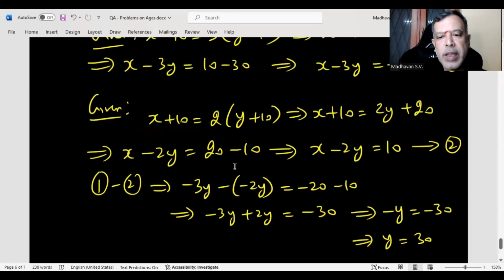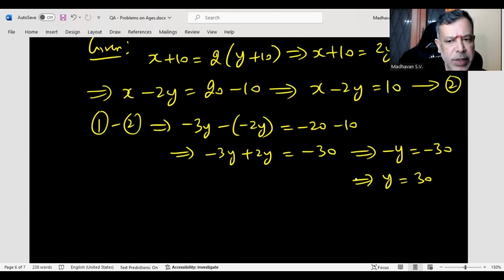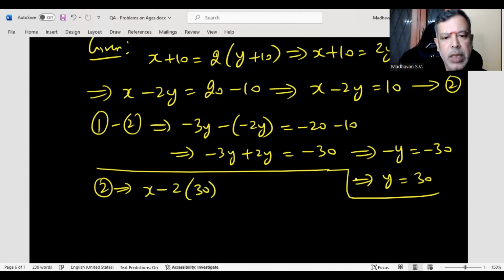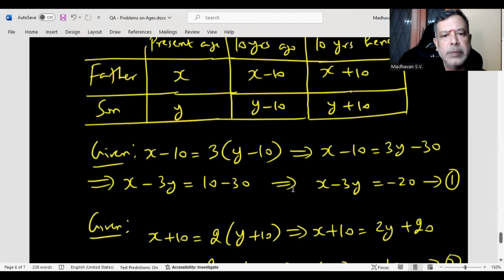Now that we got y, we can find out x. Let us use any of the equations. Let us use the second equation. x minus 2 times 30 equal to 10, x minus 60 equal to 10, which means x is 60 plus 10, 70. Now, what is the question?